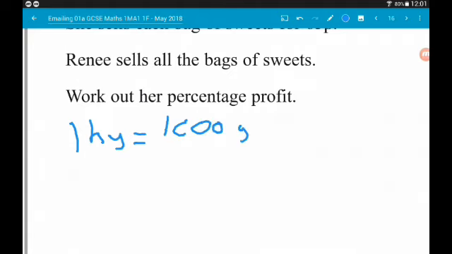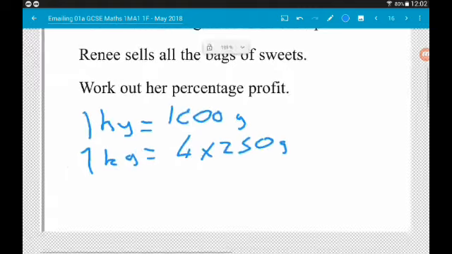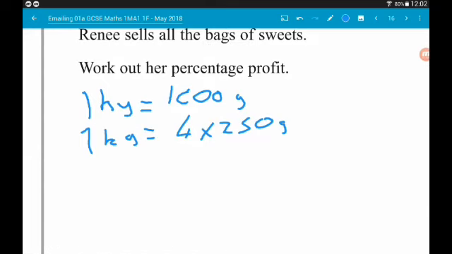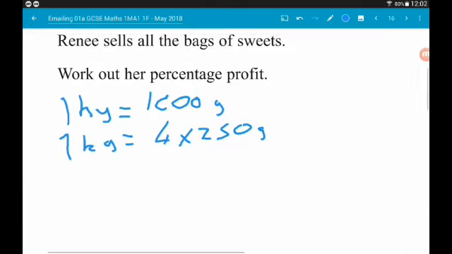So, 1 kilogram is 4 times 250 grams. So, 1 kilogram is 4 bags of sweets.